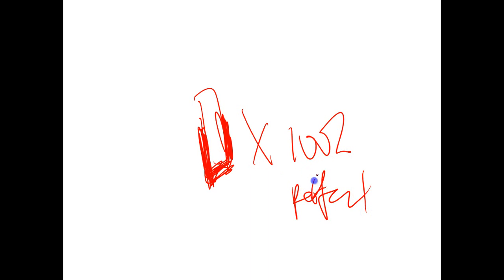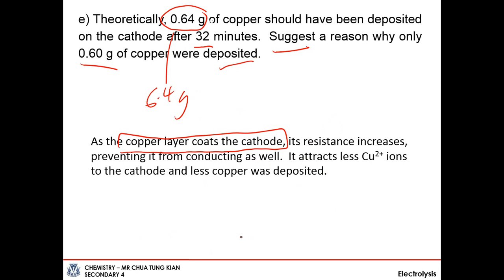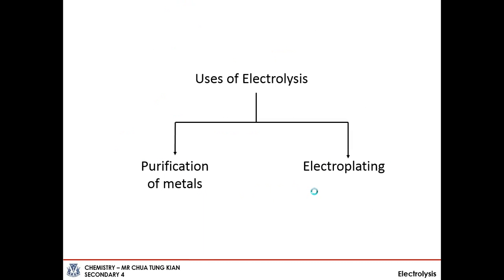If it is not a perfect layer, it means that the resistance at the electrode will actually increase. It is not a perfect coating of copper. So after some time, the resistance increases, it prevents it from conducting as well, so it attracts less Cu2+ ions, and at the end of the day, it means that less copper will be deposited. Okay?